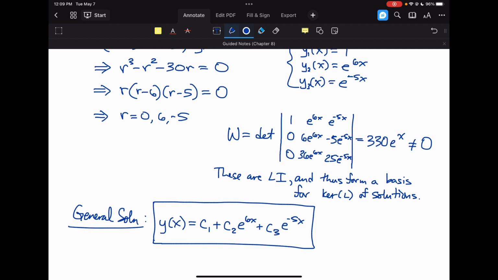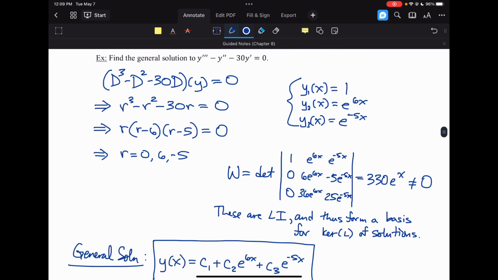Now, when it comes to working with this type of differential equation, there are two issues primarily that we have to take into consideration. When we're solving, we're turning the differential equation with these derivative operators into the auxiliary polynomial and then the auxiliary equation, and then we're solving that.